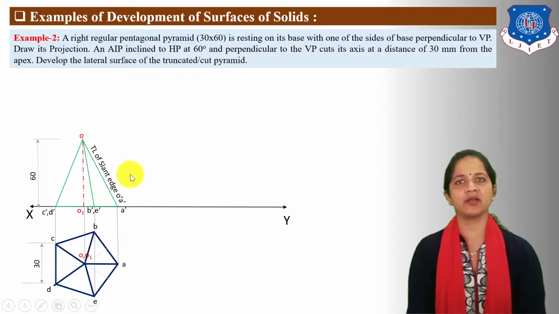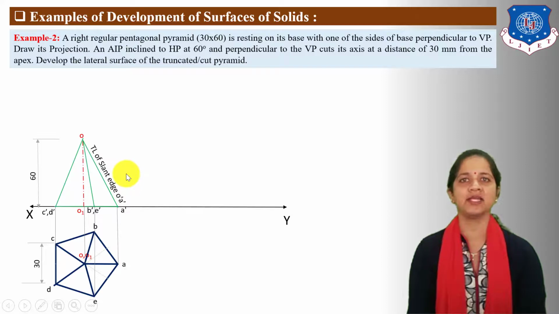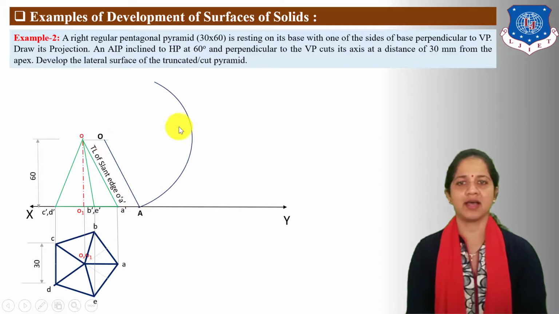Now development always opens from the true length of the particular axis. So next draw parallel to OA slanted, keeping approx 1 to 2 centimeter distance between front view and development. From O point, draw arc, radius equal to OA.